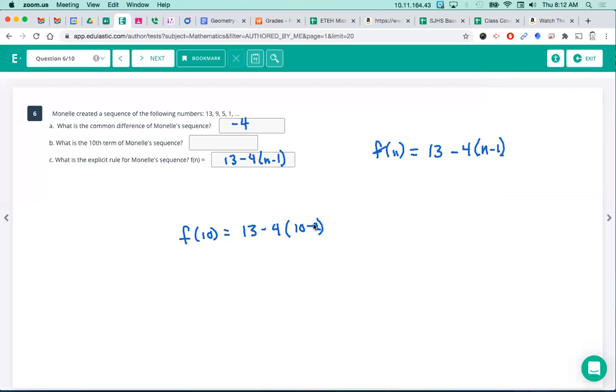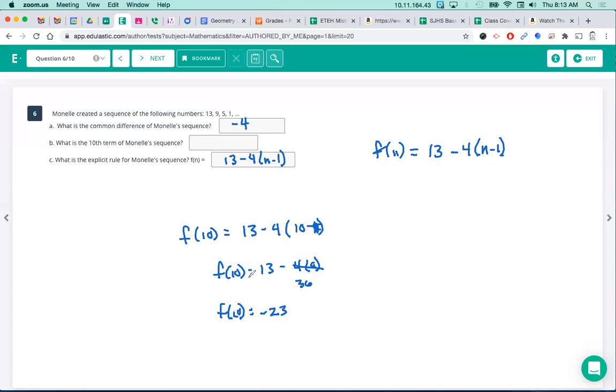I don't know why that looks like a 9. I might have put 9 in there subconsciously. 10 minus 1 is 9. So f of 10 equals 13 minus 4 times 9. All right, 4 times 9 is 36. So 13 minus 36 is a negative 23.